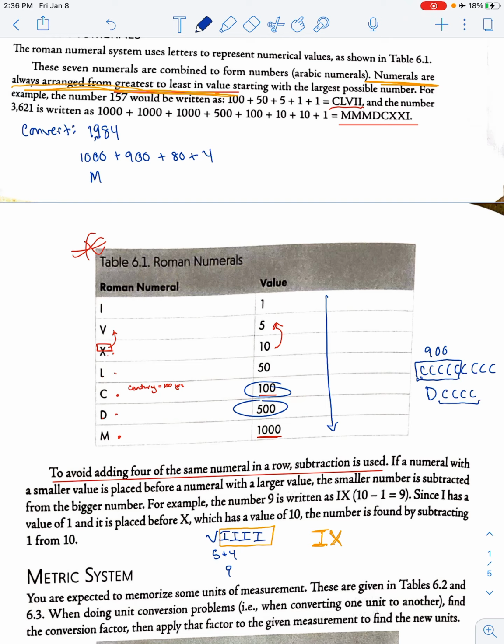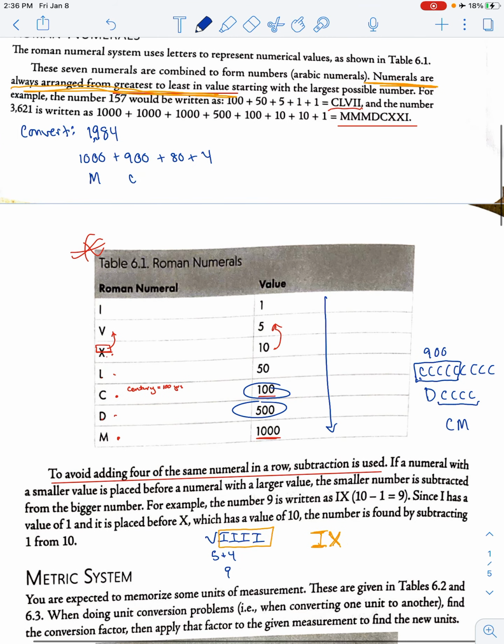Remember that subtraction rule? Instead of writing D, C, C, C, C, we can say 900 is just 100 less than 1,000. So we could say it's 1,000 minus 100. So CM.